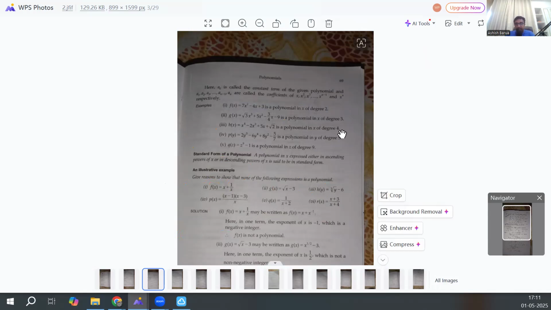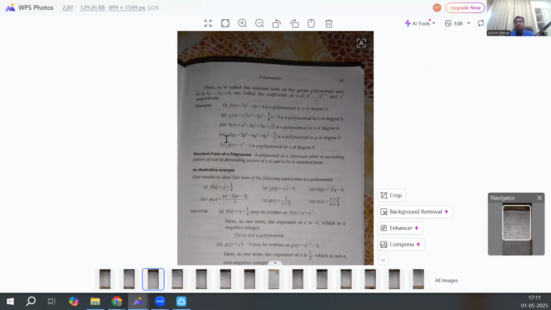Here it is x to the power 2, then x to the power 1, then no x, which means x to the power 0. After arranging, we see the highest power of x, since it is a polynomial of x. So the highest degree in this case is 2. Therefore, the degree of the polynomial is 2.